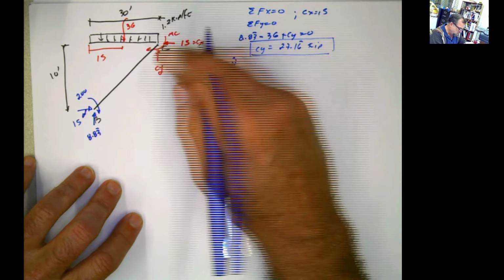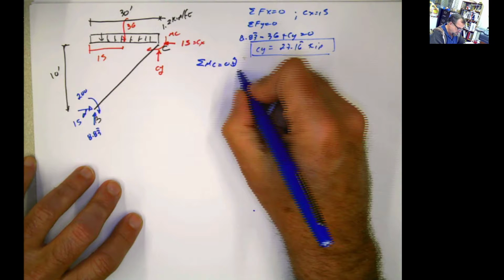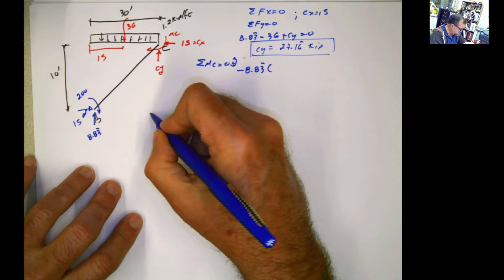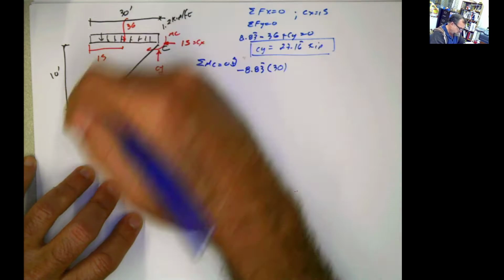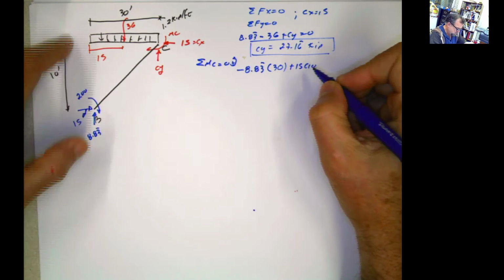And then if I do moment here, I have negative 8.83 times this distance, which is 30, plus 15 times 10, this force times this distance, right?